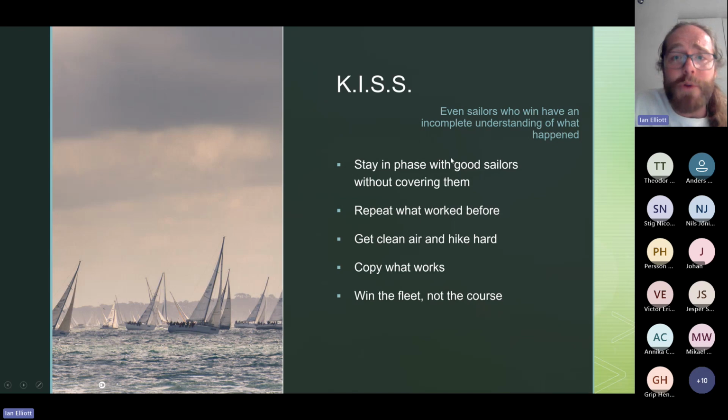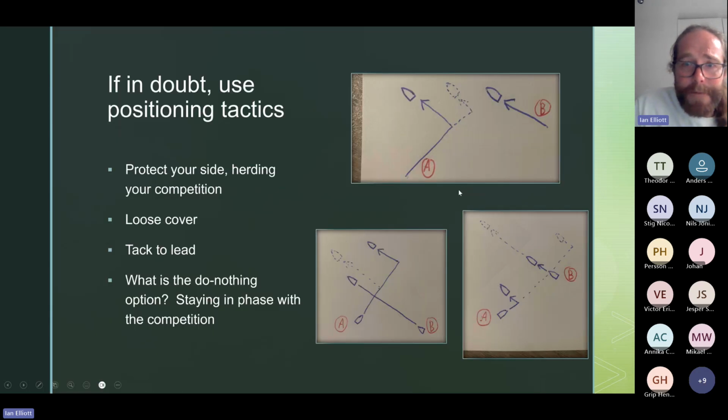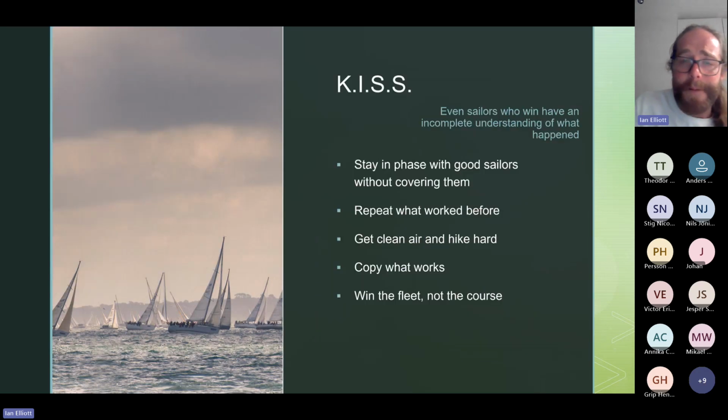So if you don't know what's happening, have some sort of fallback plans. Stay in phase with good sailors without covering them. And I think I have a drawing of that later on. I'm using phase differently here.